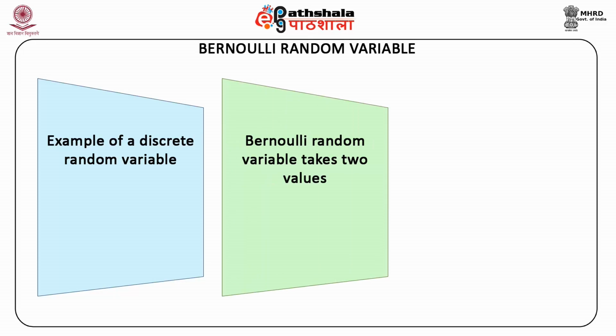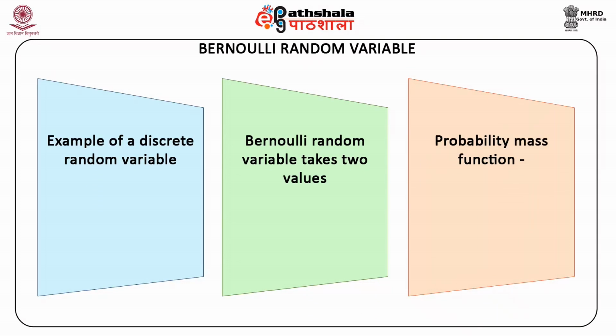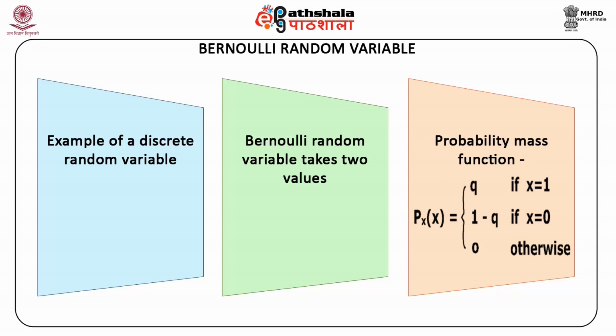A Bernoulli random variable can take only 2 values, 1 with probability q and 0 with probability 1 minus q, where 0 is less than or equal to q is less than or equal to 1. Its probability mass function is p x of x is equal to q if x is equal to 1, equal to 1 minus q if x is equal to 0, and is equal to 0 otherwise.